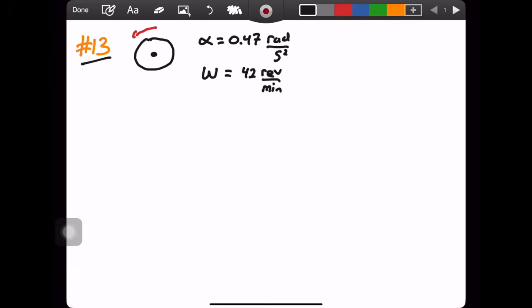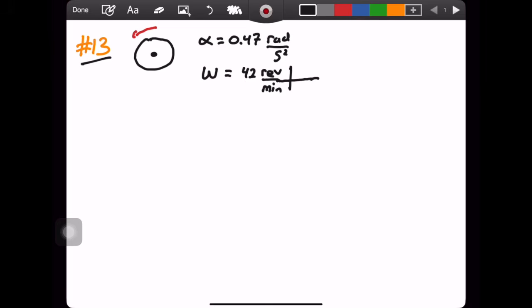I'm going to show you right now how we can do a conversion from revolutions per minute to radians per second, so that we can use it with that alpha term. If you can imagine, each column is multiplied by each column in this conversion. This is sometimes called the factor label method. Eventually, I have revolutions per minute, and I want radians per second. So I'm going to somehow have to figure out how to get revolutions into radians.